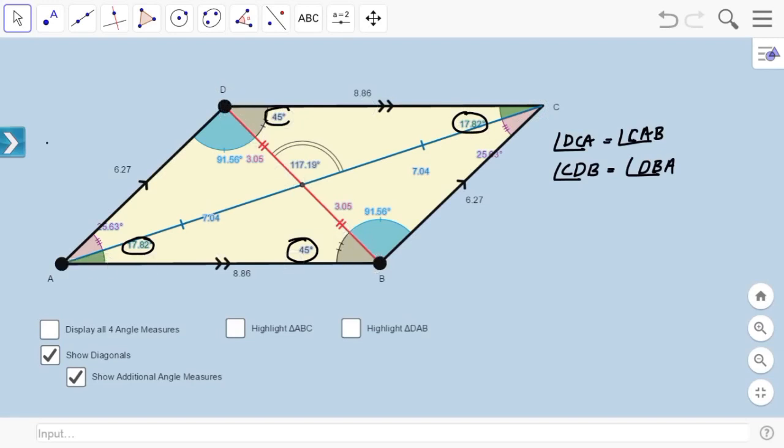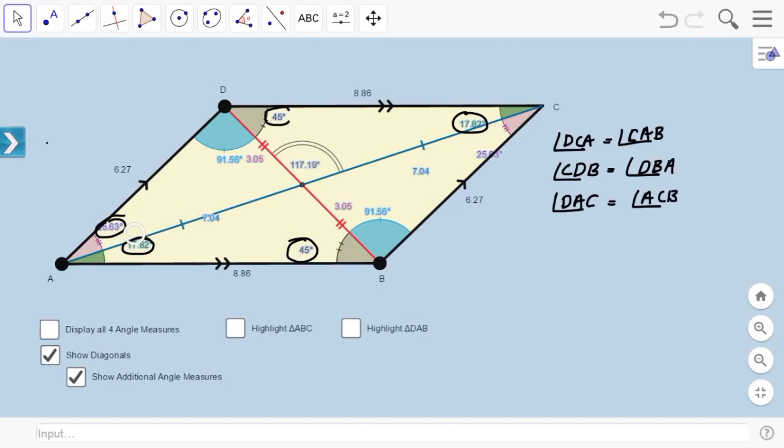Here AD and BC are parallel. So start from A now. ADB is equal to DBC, and DAC is equal to ACB.